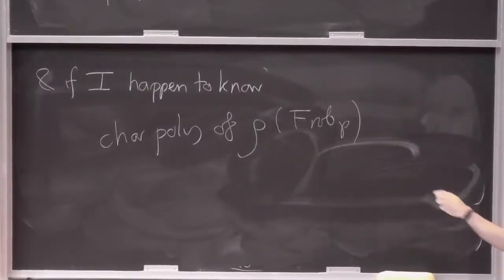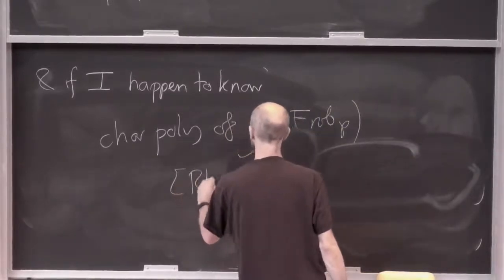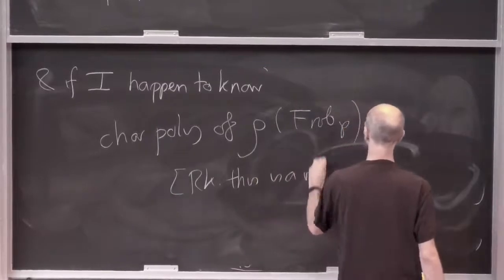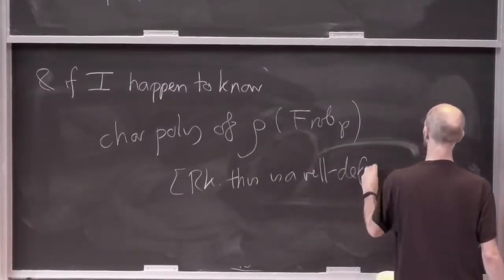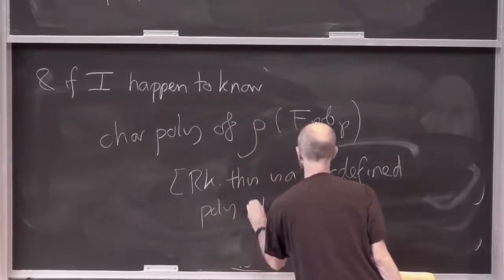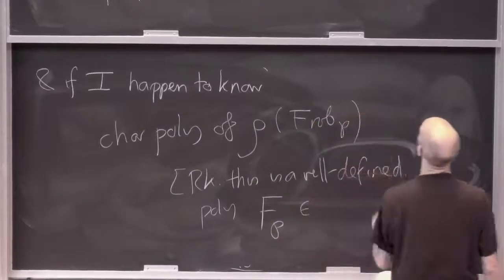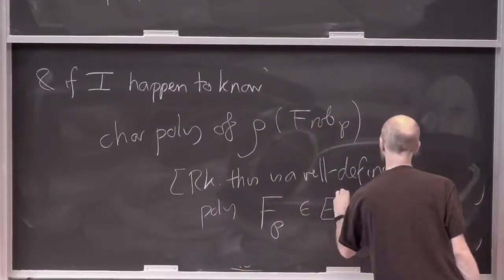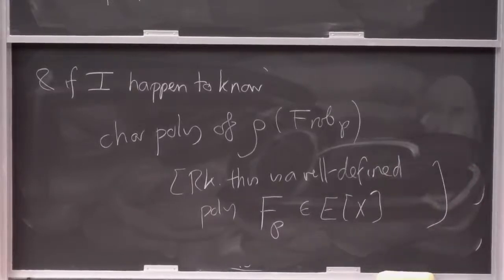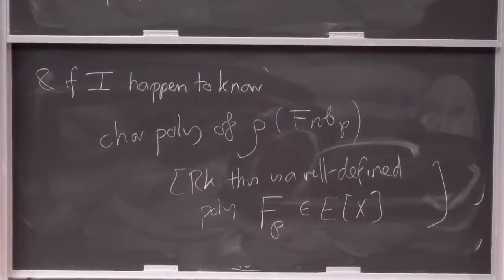If I happen to know the char poly of rho of Frob P, and maybe make some remark: this is a well-defined polynomial, whatever, f_P, and it's going to be in E[x]. So even though Frob P is a conjugacy class, not an element, it still makes sense to talk about char polys.